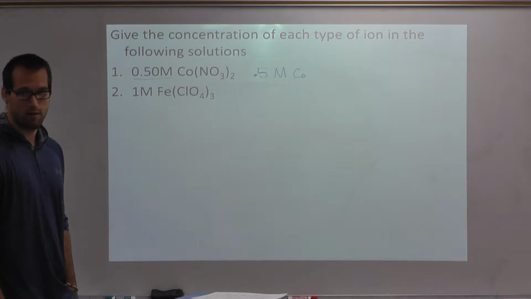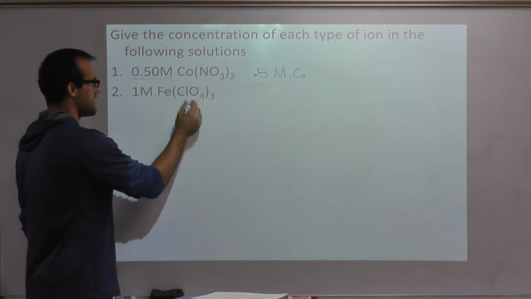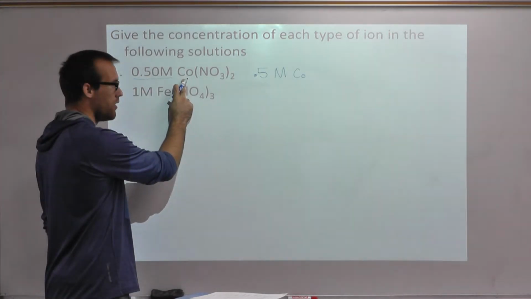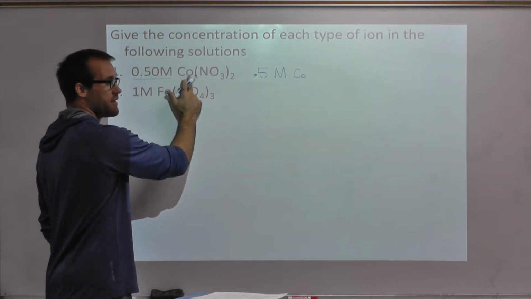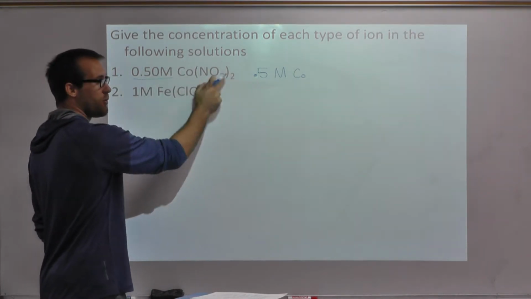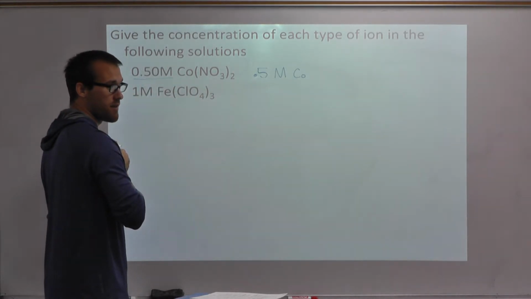Who can tell me why it's 0.5? Emily? 0.5 is the molarity because the ratio is a 1-to-1 ratio. Yeah. For one whole particle, there is one of these. So if I have 0.5 whole particles, I have 0.5 of those. Does that make sense?